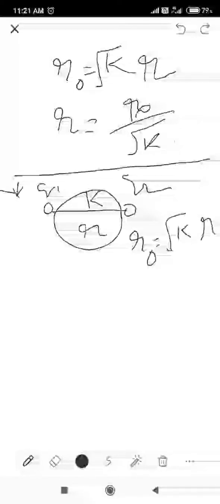This is called equivalent path. If charges q1 and q2 are separated in a medium by r distance and the medium dielectric constant is k, then this r distance in the medium is equal to root k times r in the air medium. This is the basic concept.